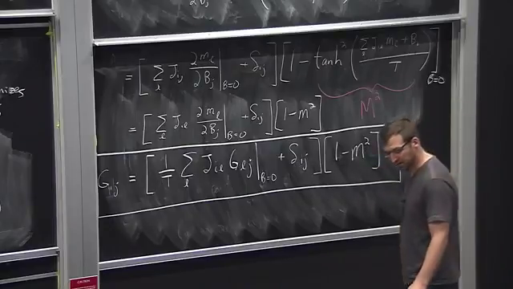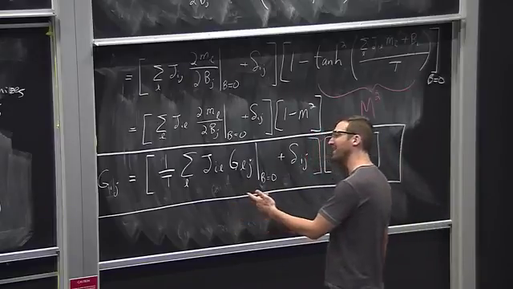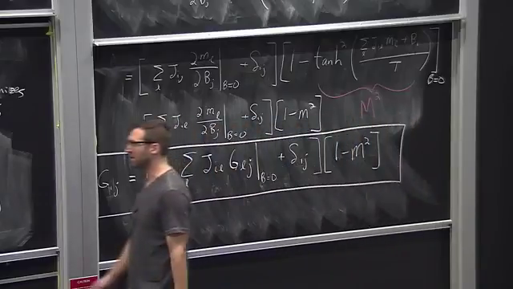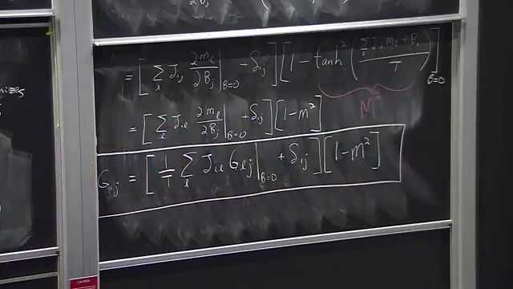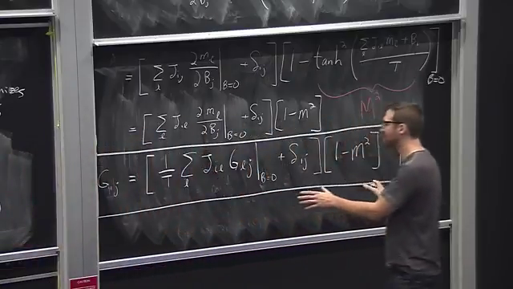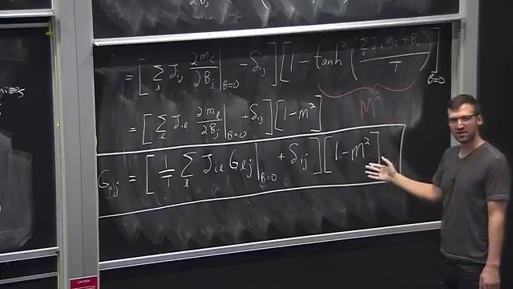So next class, what I'm going to do is calculate this G_ij. Remember, I'm in the mean field approximation because I've done this here. That gives me mean field. I have this expression now. I know what this m is. I'm going to do 2 calculations.